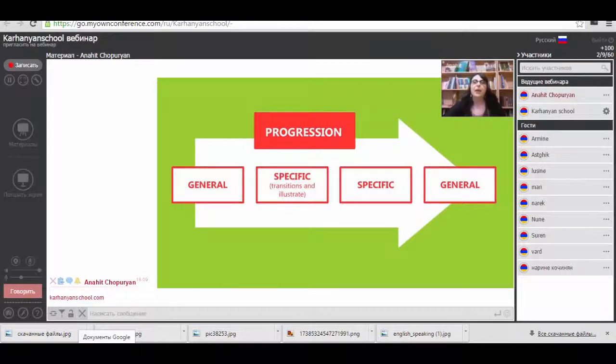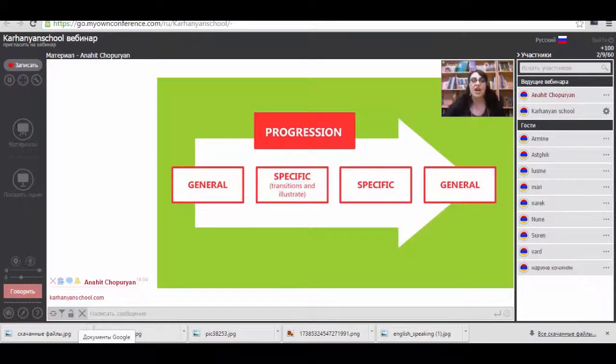About your general response, the progression of your response, how it should be. Of course, it must start from somewhere; it must have a starting point. From general, it must go to specific, and from more specific again to general. But here, don't confuse it with the essay, because in an essay, general means starting from a general sentence.